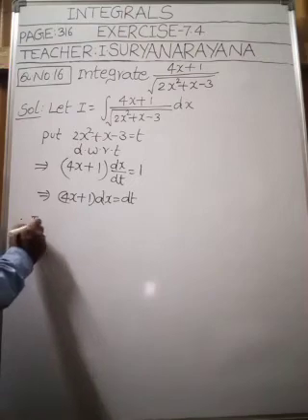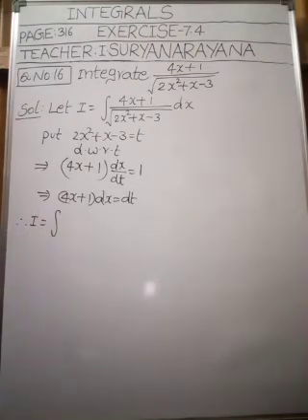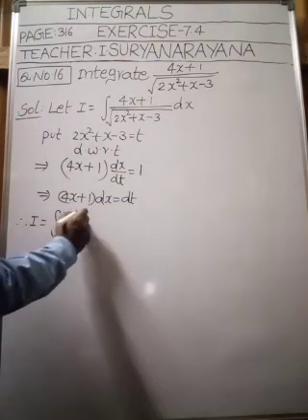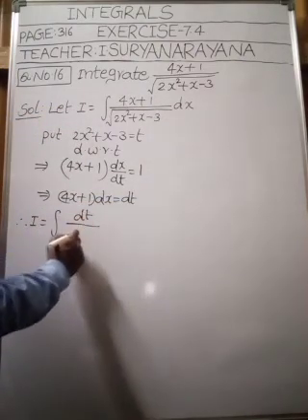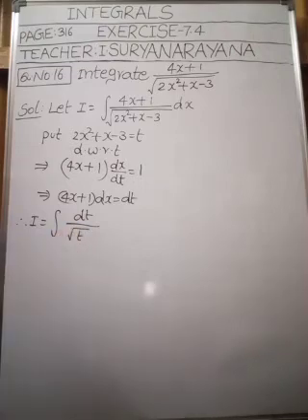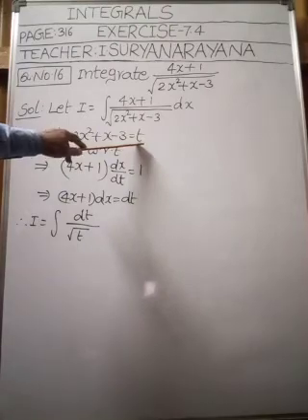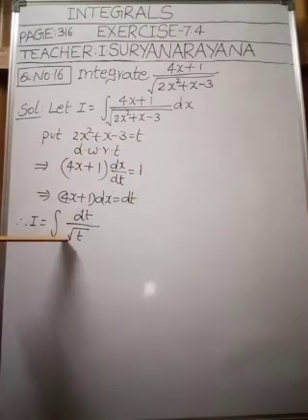Therefore, capital letter I is equal to the integral of dt by square root of t, because 2x square plus x minus 3 is treated as t. Understood this step, my children?